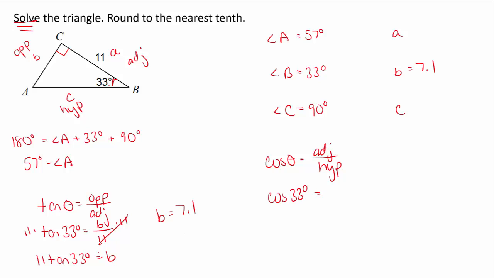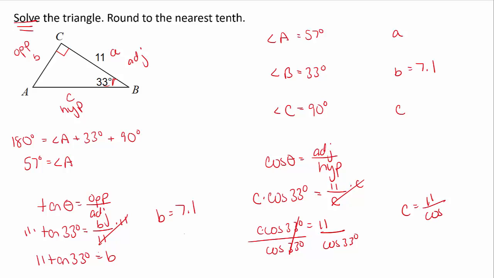Our adjacent side, in this case, is 11, and our hypotenuse is C. So remember, I can multiply both sides by C. So C times cosine of 33 degrees is equal to 11, and then I can divide both sides by cosine of 33 degrees. So C is equal to 11 over cosine of 33 degrees, and doing that math in my calculator gets me 13.1.